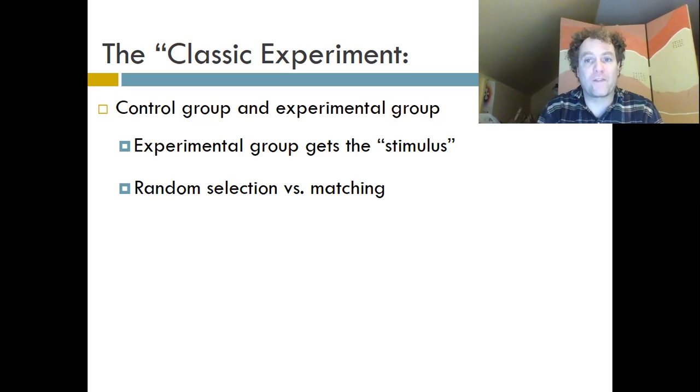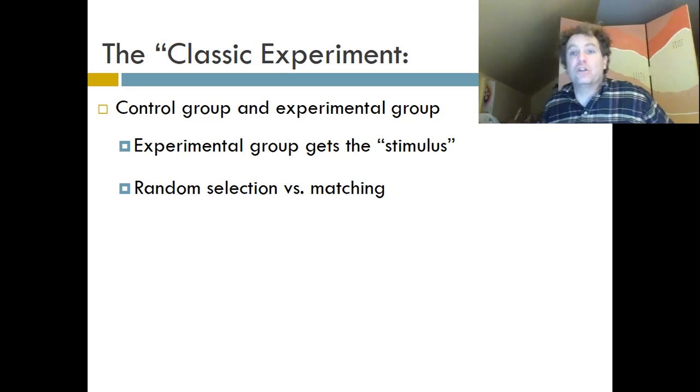You want to make sure that it's the stimulus that's affecting the experimental group, not that they are in some way already unique and different. And so what you're trying to do in an experiment is make your control group and your experimental group the same, or as similar as possible, right? They should, in some sense, be interchangeable.